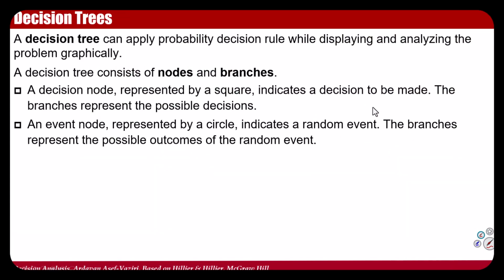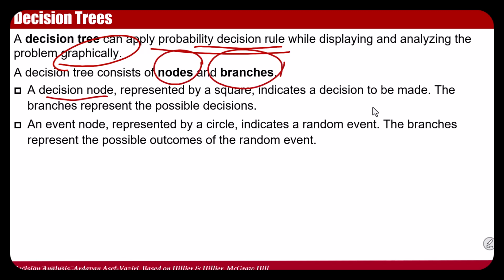A decision tree can apply probability decision rules while displaying and analyzing the problem graphically. A decision tree consists of nodes and branches, decision nodes or event nodes.